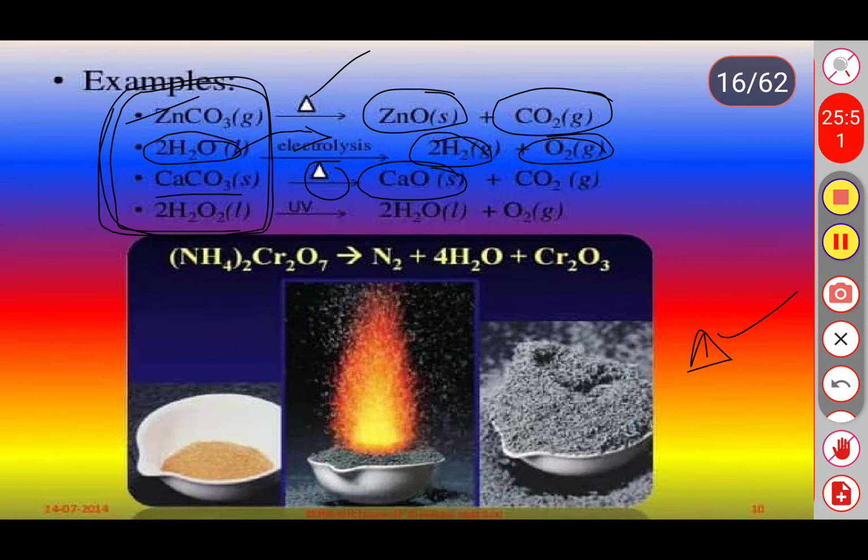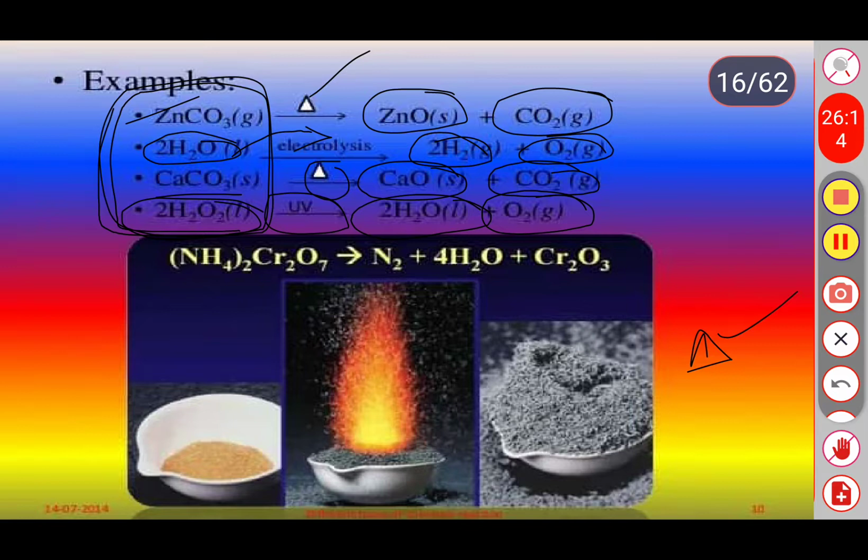Next one, H2O2. H2O2, in the presence of UV radiation, will be decomposed into water and oxygen. So these are some examples of decomposition reaction.